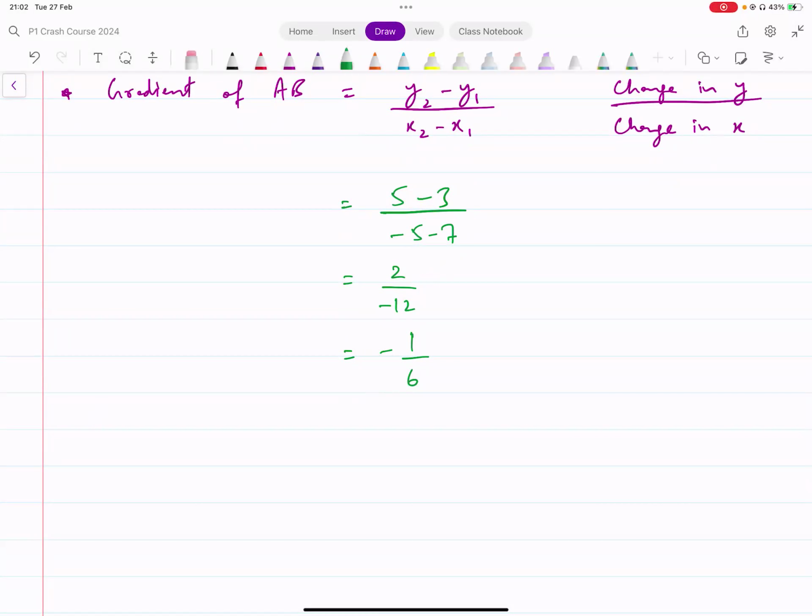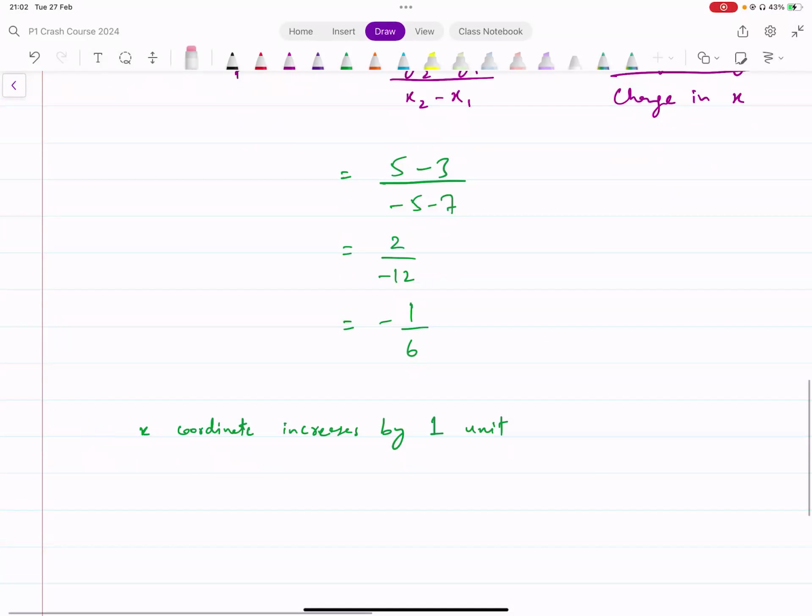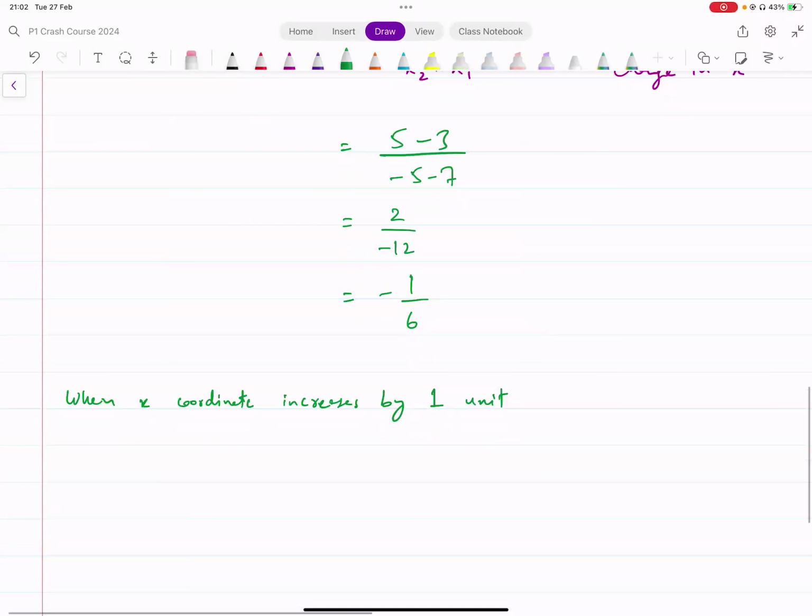The interpretation of this gradient is, if the x coordinate increases by 1 unit, the y coordinate decreases, in this case, because we have a negative sign, by 1 over 6 unit.